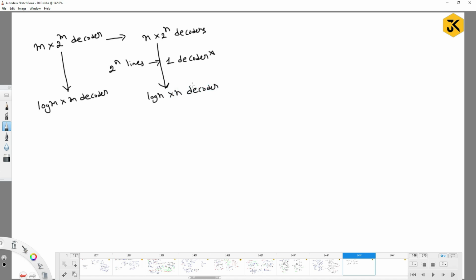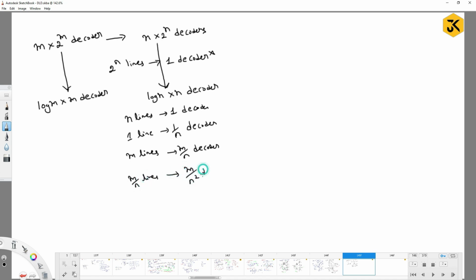It's like a kind of earlier mux concept. Am I right? So now tell me, if I want to implement n lines as output, how many decoders are required of this size? 1 decoder. If I want to produce 1 line as output, how many decoders are required? 1/n decoder, right? As in the earlier example. Similarly, if I am going to produce m lines as output, you require m/n decoders, and to produce these m/n lines as output, you need m/n squared decoders, and so on.